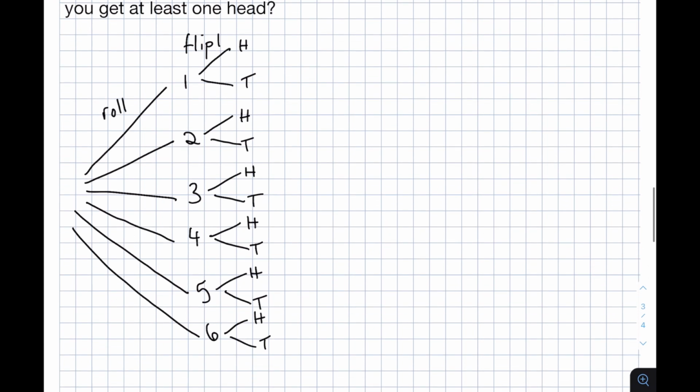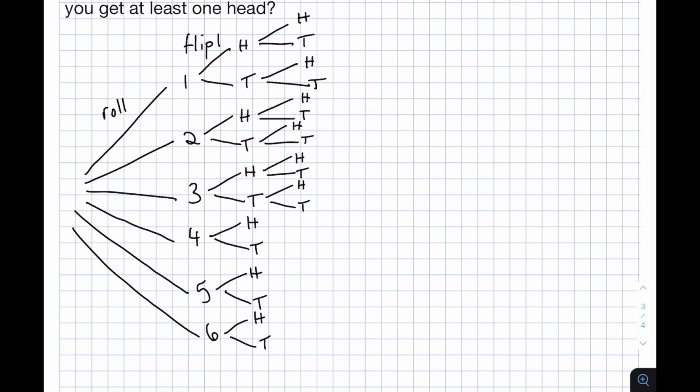Now, there are a total of 12 data points, and when we flip the coin again, each of the data points has 2 options of being a head or a tail. And this is flip 2.